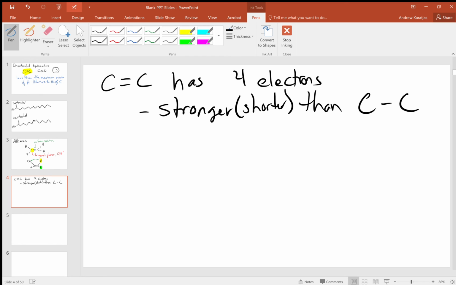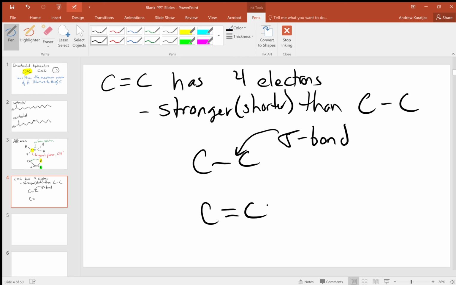And without getting too far into the sort of the orbital issue, let's start with a single bond. When we have a single bond, this is known as a sigma bond.